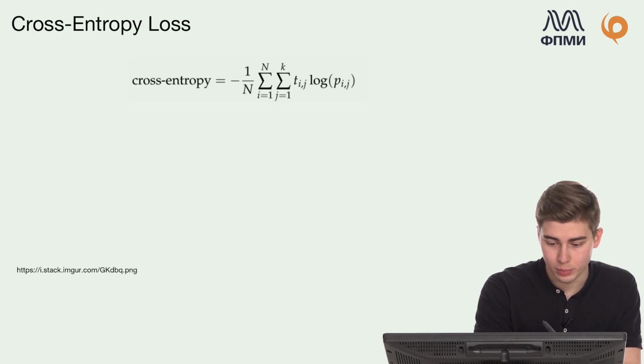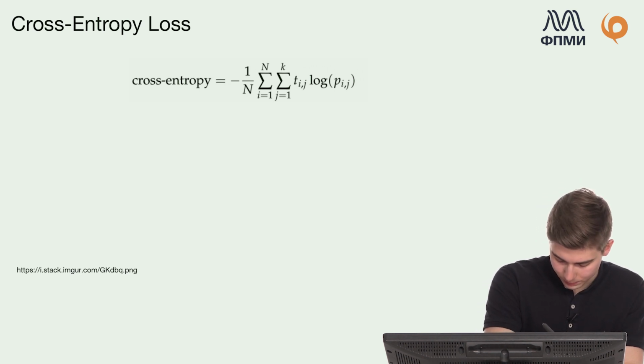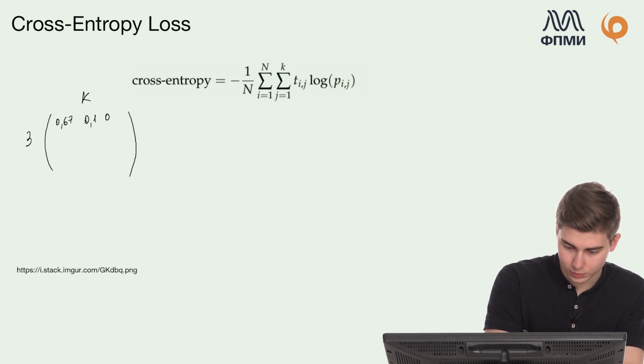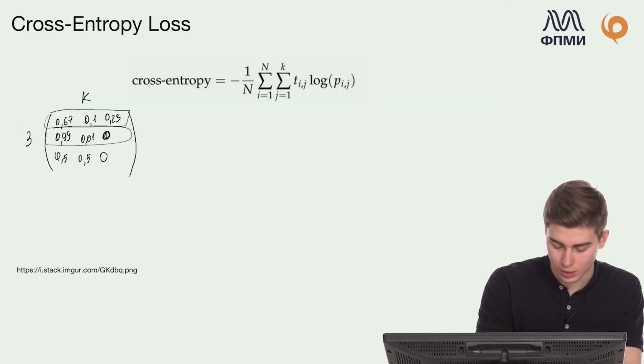Let's have a look at an example to better understand this. Let us say we have 3 objects and 3 classes. And for each object there is the predicted probability distribution over the class labels. That's for object number 1, number 2, and so on.